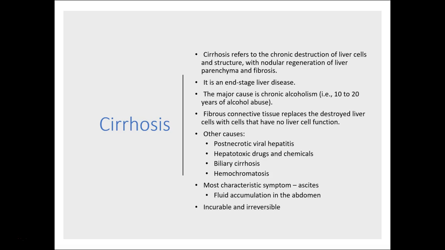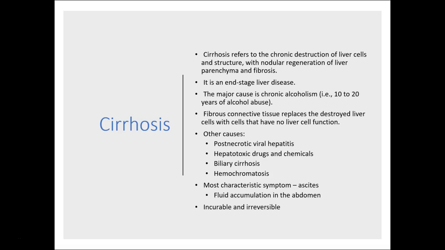We could have a person who's been drinking for 2 years, but they're drinking a lot and they're drinking really hard alcohol, and that can cause cirrhosis faster. Fibrous connective tissue replaces the destroyed liver cells with cells that have no liver function. Other causes can be viral hepatitis, hepatotoxic drugs and chemicals, biliary cirrhosis, and hemochromatosis.